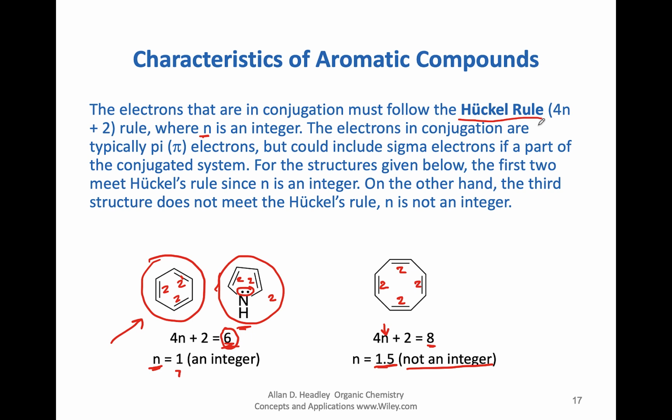So again, to be aromatic, it must pass all of these criteria or characteristics that we are discussing. So this is cyclic. The bonds are in conjugation, but it fails to meet Huckel's rule, so therefore it is not aromatic.